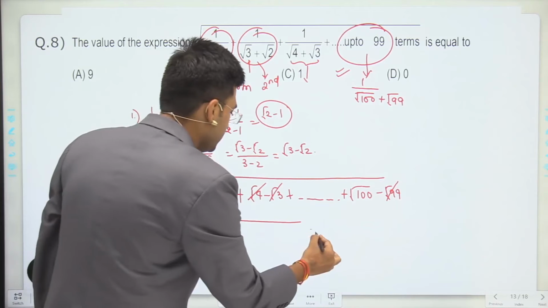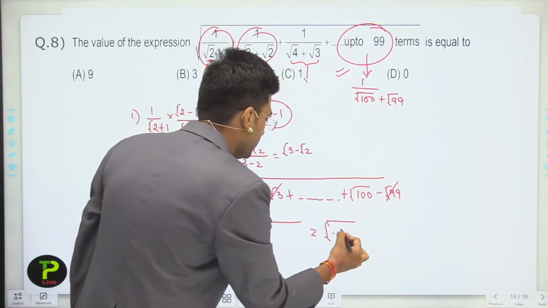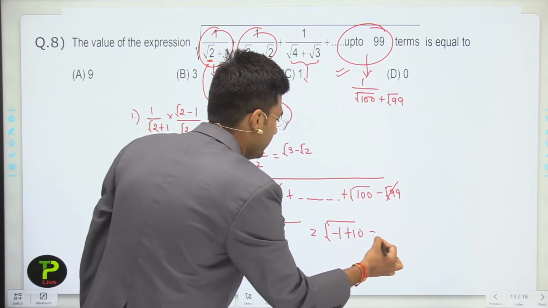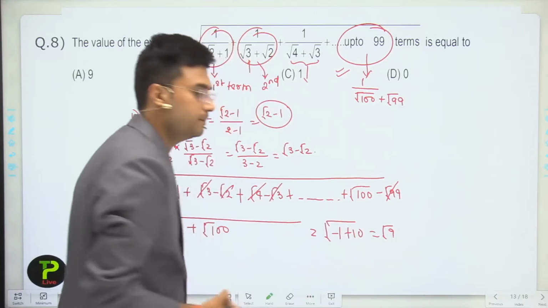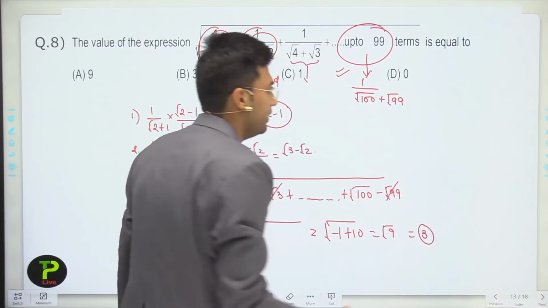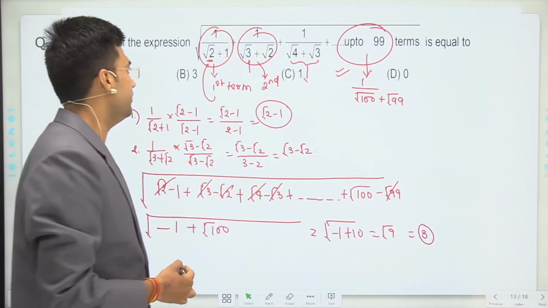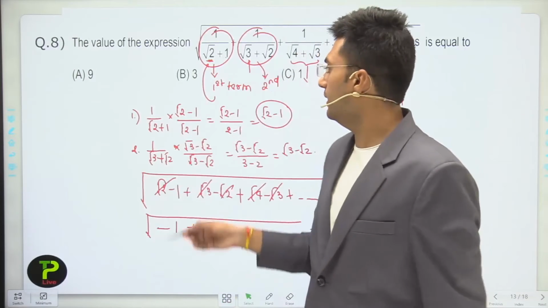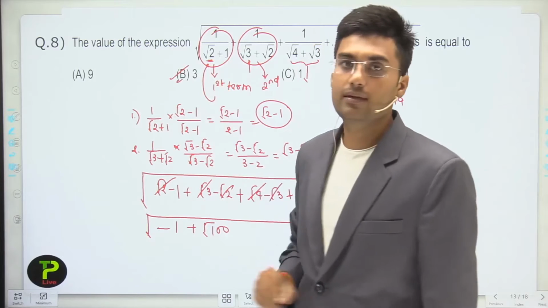When we solve this we will get minus 1 plus 10, and it is equal to 9, and root 9 is equal to 3. So our answer is 3, and when we observe the options, option B is the correct option.